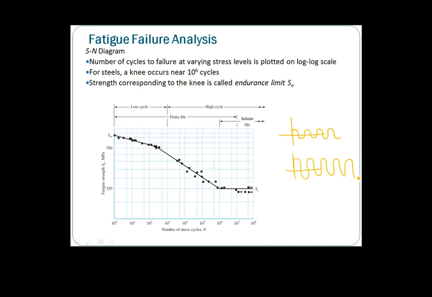For steel itself, you will see there is a knee that happens here, and then it goes flat. That is the knee of the flat. When it goes flat, the corresponding strength we call the endurance limit.